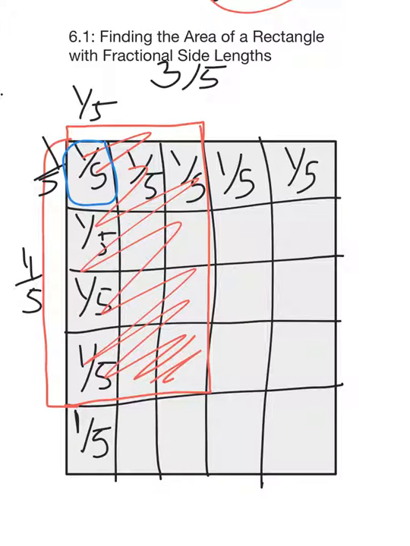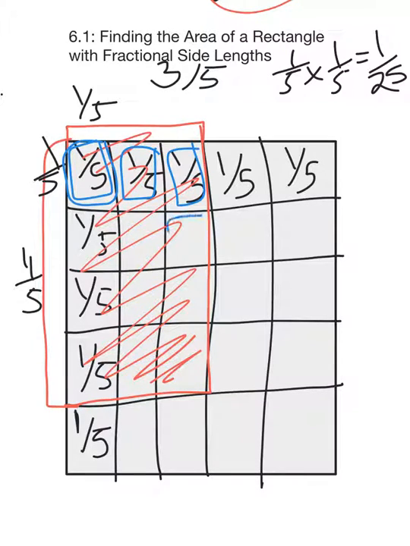You would multiply that length and width together. So 1/5, let's just do it over here so we have more space, times 1/5. That would give you 1/25. And that means, I'm going to highlight them in blue now, every one of these blue squares has an area of 1/25 feet squared.